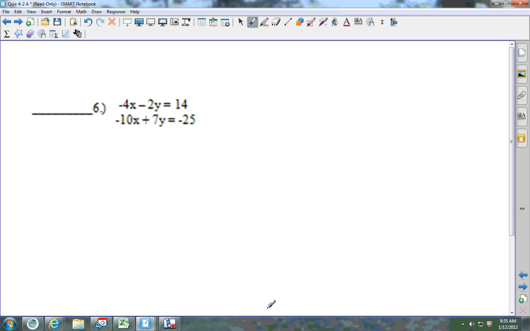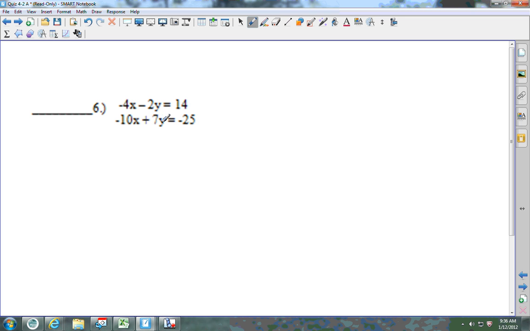The last one in this section, right here, let's look at these. If I want to eliminate the x's, is there anything times 4 that would give me 10? Any whole number? No. What about anything times 2? Any whole number times 2 to give me 7?